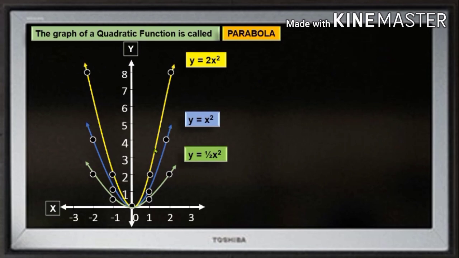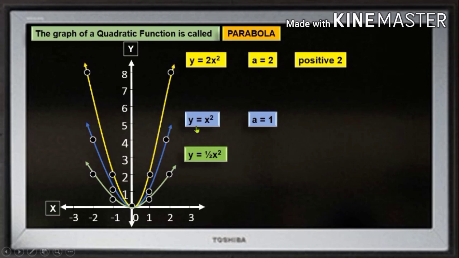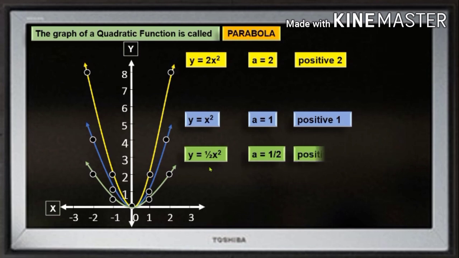Let's first look at some properties of these quadratic functions. Here, our a is equal to 2 or positive 2. Here we have a equals 1 or positive 1. Here our a is equal to 1/2 or positive 1/2.